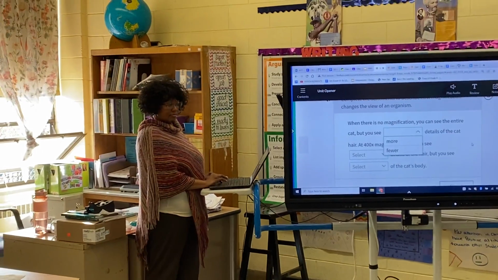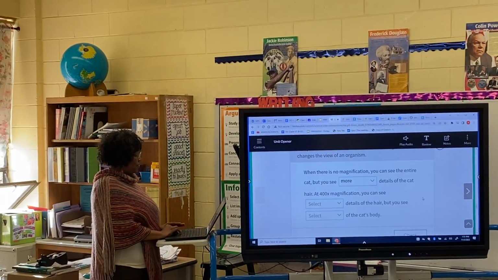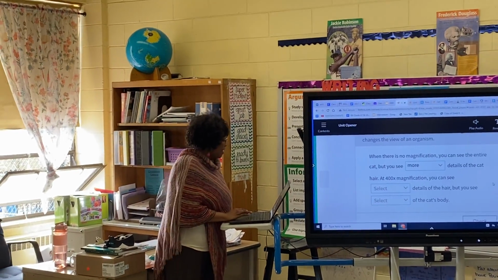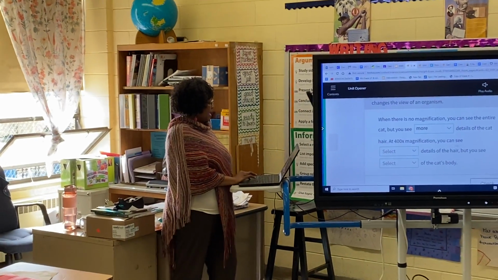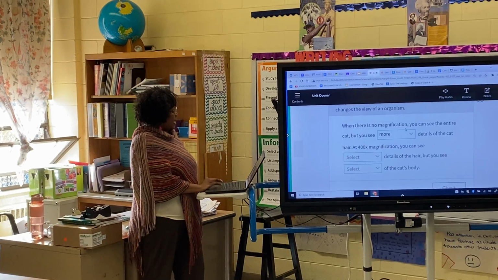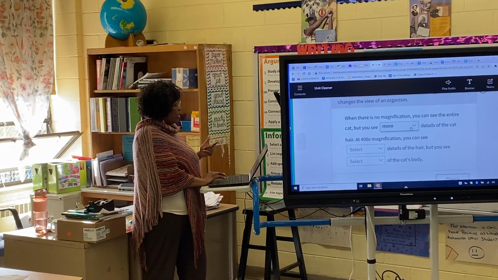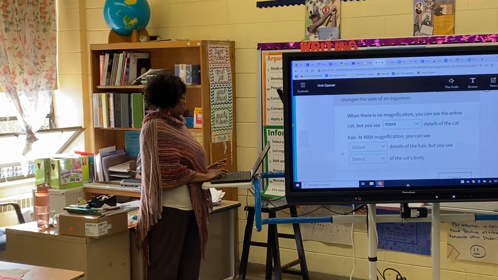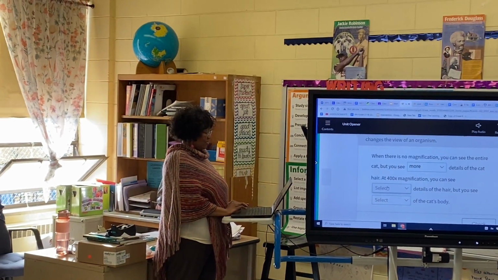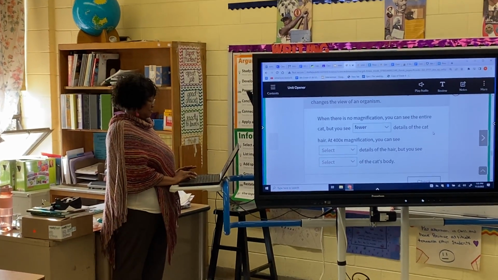Someone said more? Okay, let me try more. You guys are paying attention, so you should be able to answer this. When there is no magnification, you can see the entire cat, but you see more details of the cat? No, less. Oh, less, okay. Fewer.